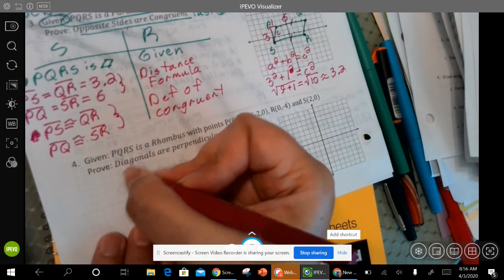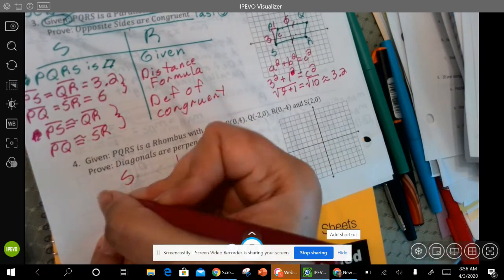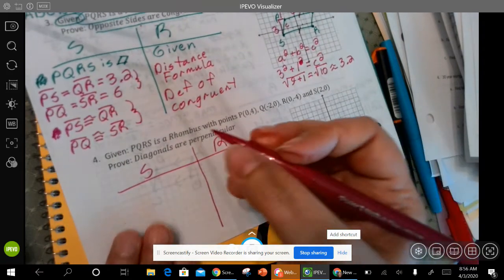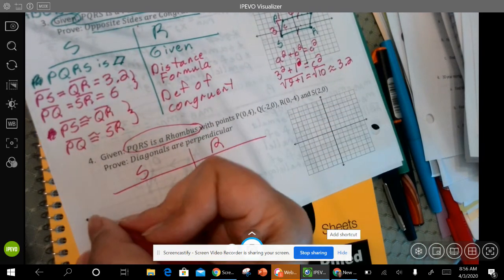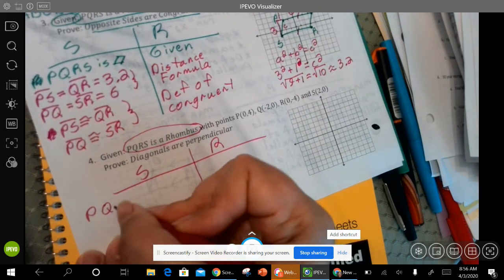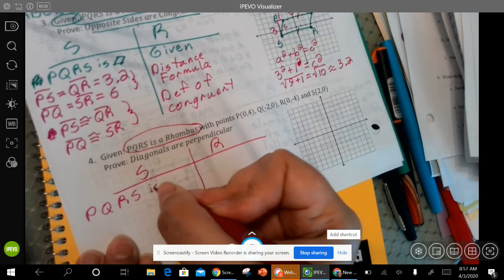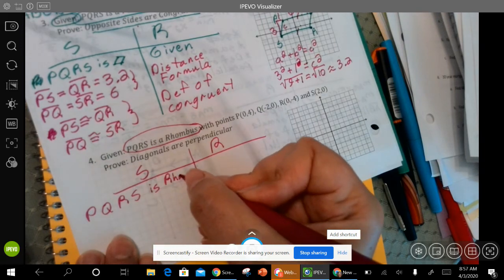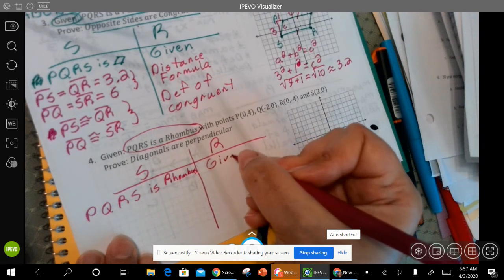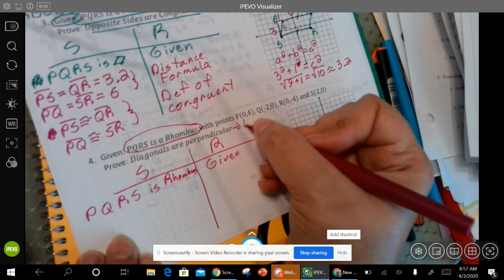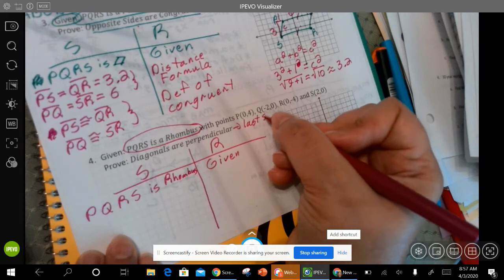Okay, so this one, statements and our reasons. We're given that it's a rhombus. So PQRS is a rhombus. So that is our given. This is going to be our last statement.